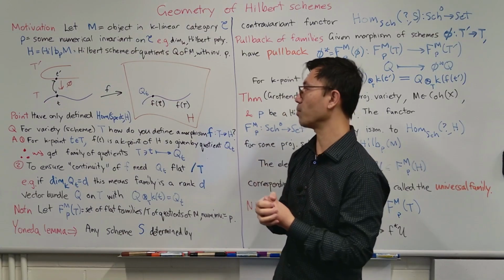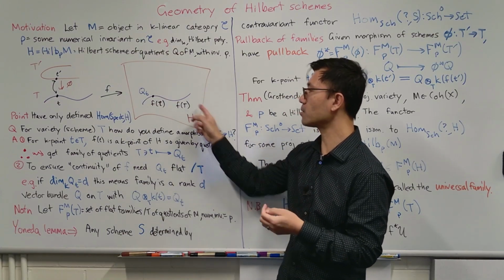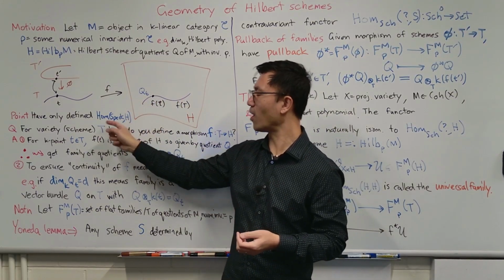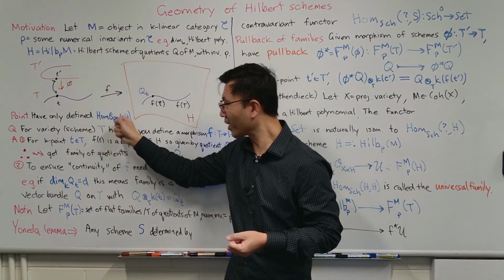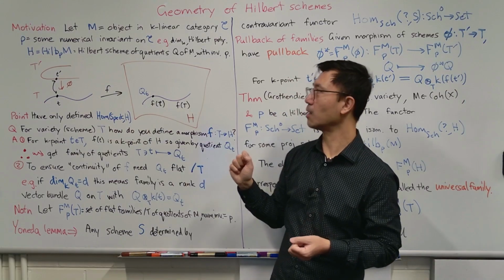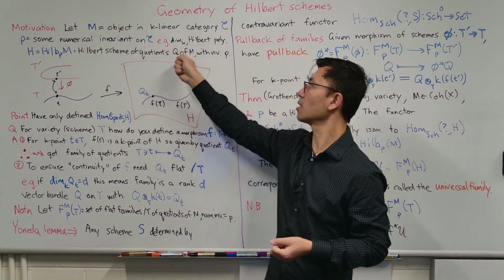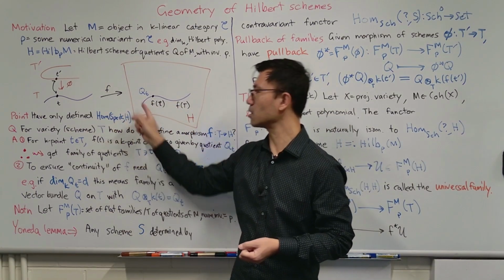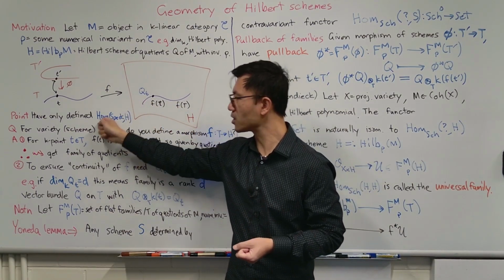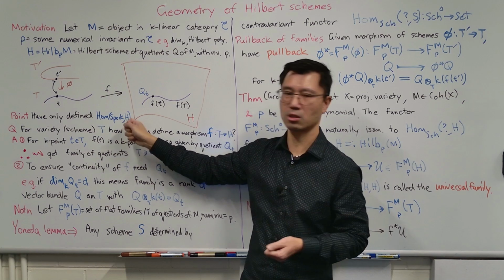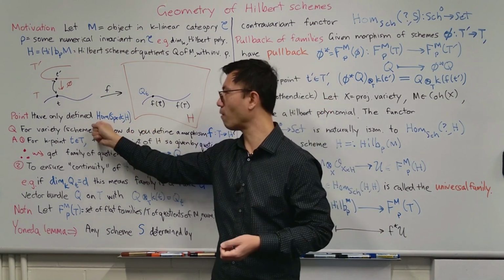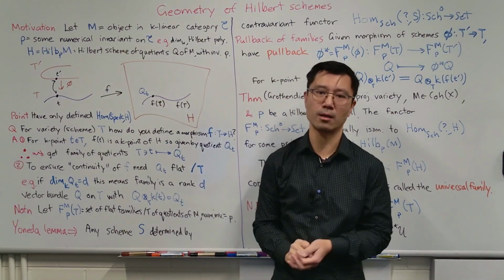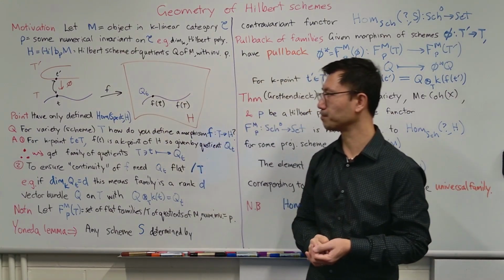In the end it will be some sort of a scheme, hence Hilbert scheme, H. From that point of view, the only thing we've defined is just all the k-points of H. Each of these quotients Q corresponds to a k-point of H. Another way of thinking about this is you've just defined all the homomorphisms of Spec k into H. Spec k is a point, you just map it into there. So you're looking at the set of all of those.